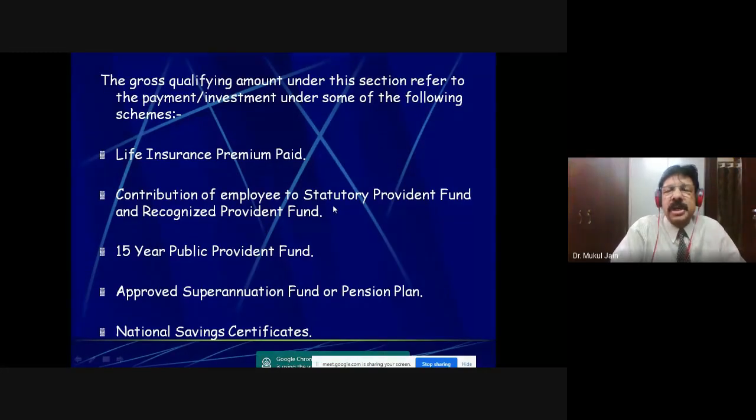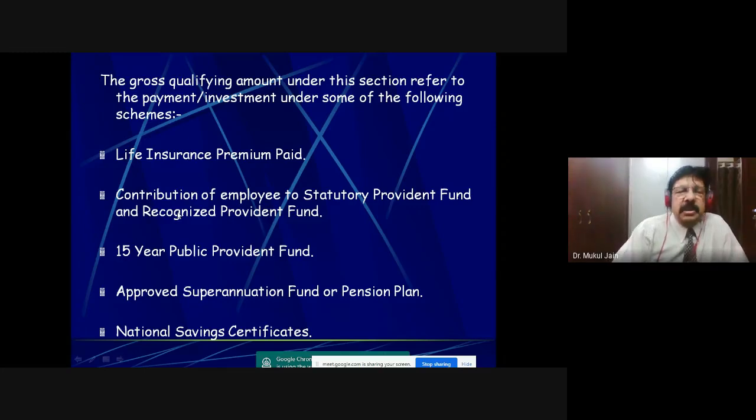So statutory provident fund is a provident fund which is mandated by the government. It is used for central government employees, whereas a recognized provident fund can be used by private companies also, but it should be recognized by EPFO, Employee Provident Fund Office, or by the government.